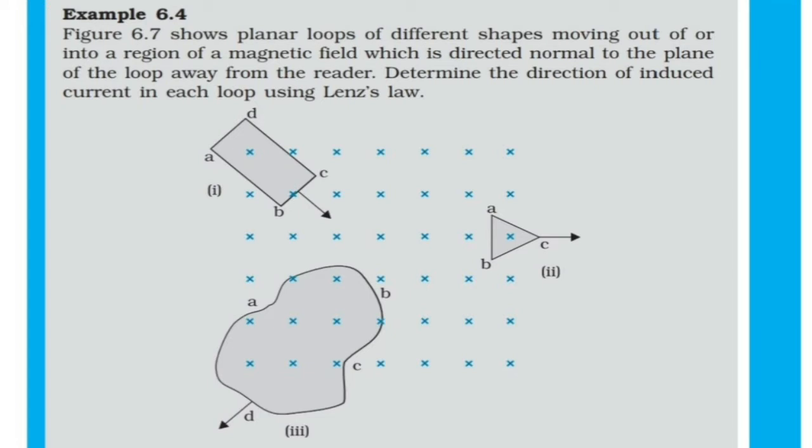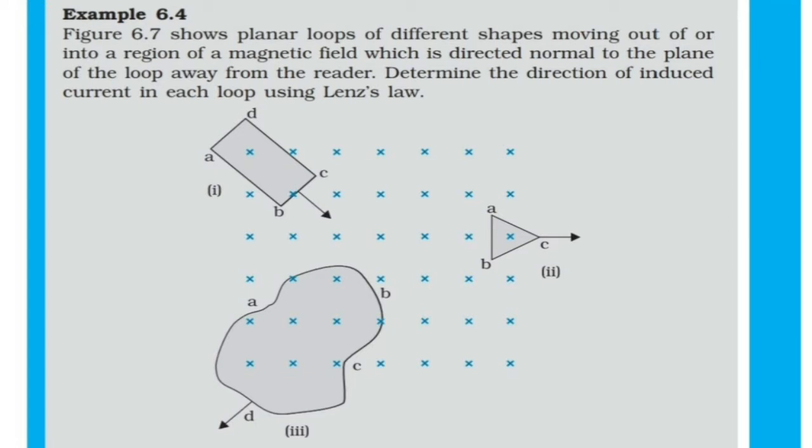And taking the first loop, that rectangular loop, that loop is dragged into the region of magnetic field. That means the magnetic flux linked with the loop is increasing, and the direction of that magnetic field is into the plane.